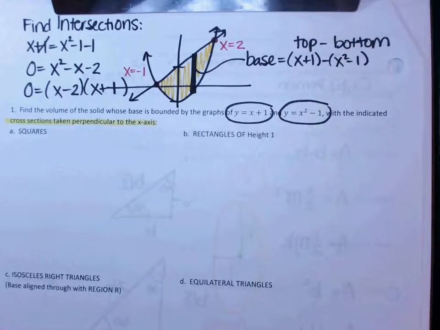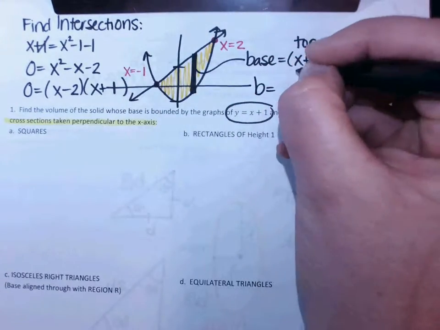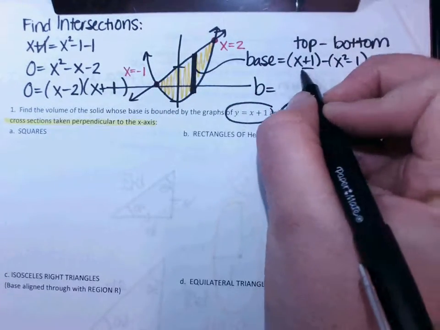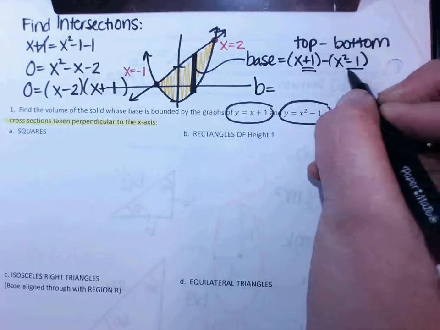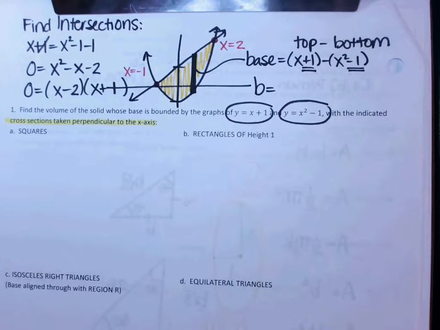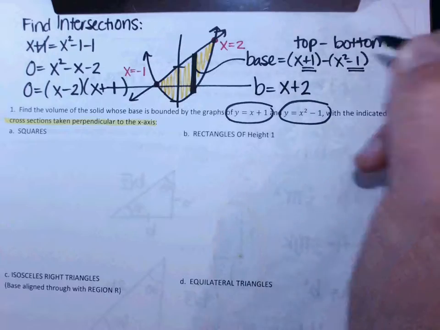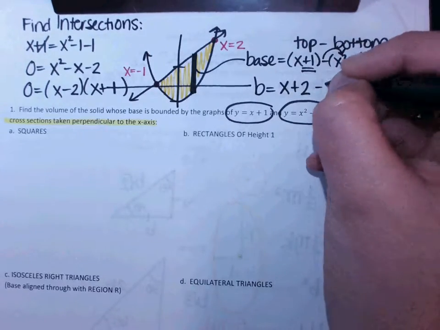Now, I could leave it like that, but it would be better to make it simpler. So I'm going to have base equals x plus 1, and actually what can I do with the plus 1 and the minus negative 1? Combine them. If it's minus negative, that's really a plus. It'll be a 2. So I'll have x plus 2, and then my minus would still be on my x squared.